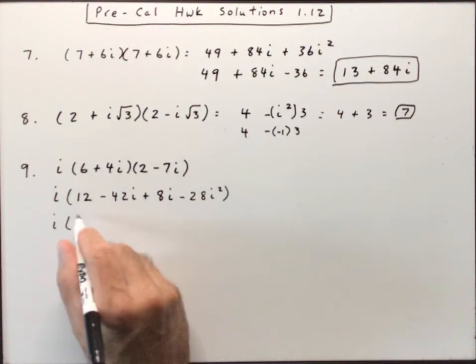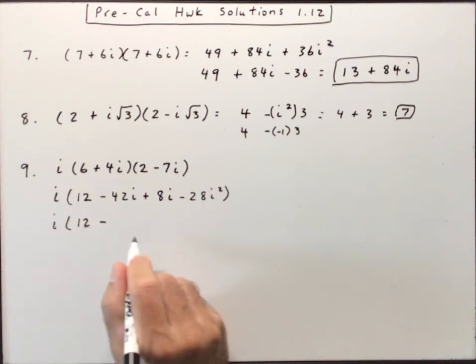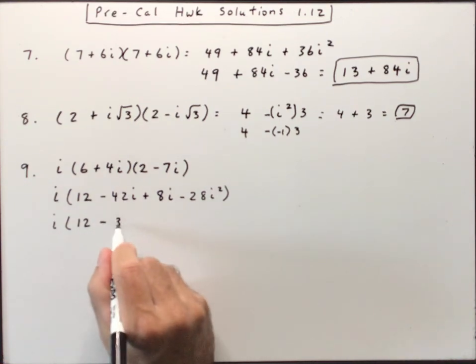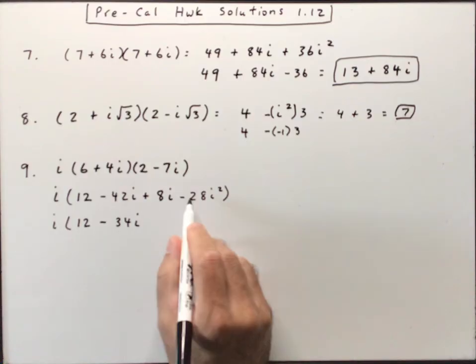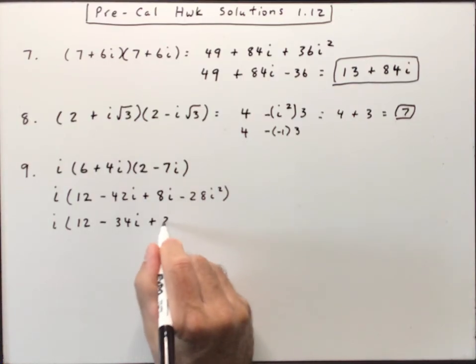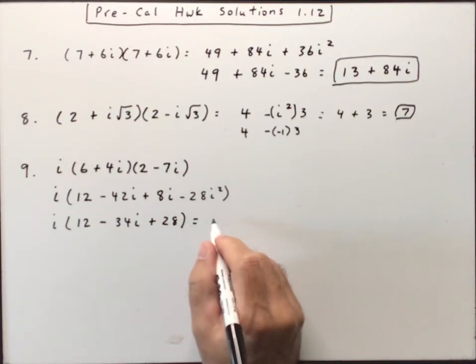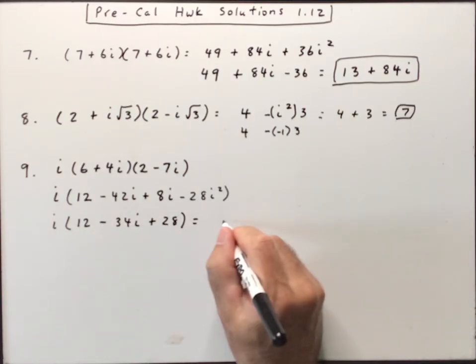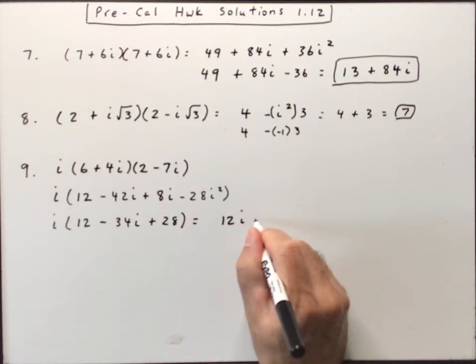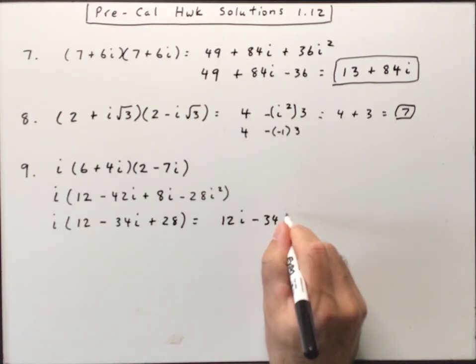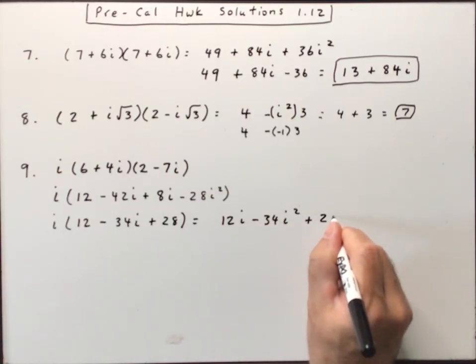So I'd have 12 minus, so that would be 34i. And then negative would be plus 28. All right, so if I distribute that i now, 12i minus 34i squared plus 28i.